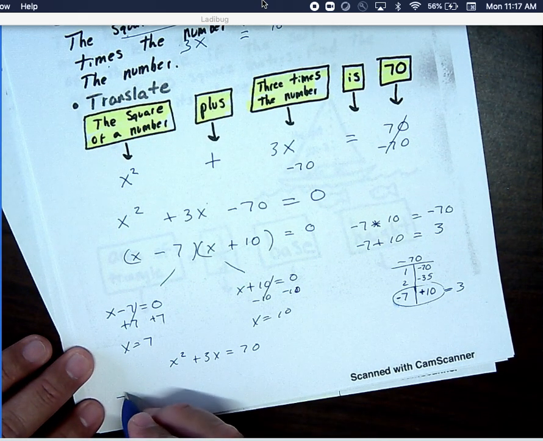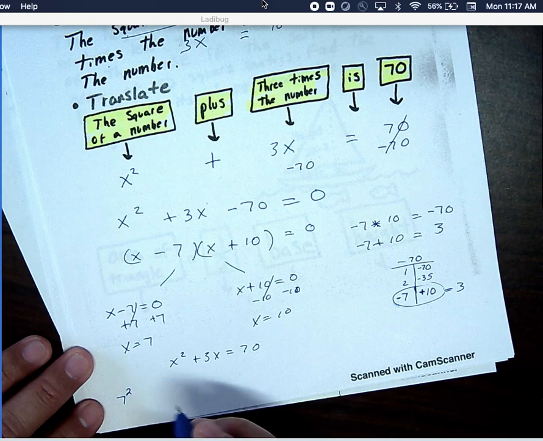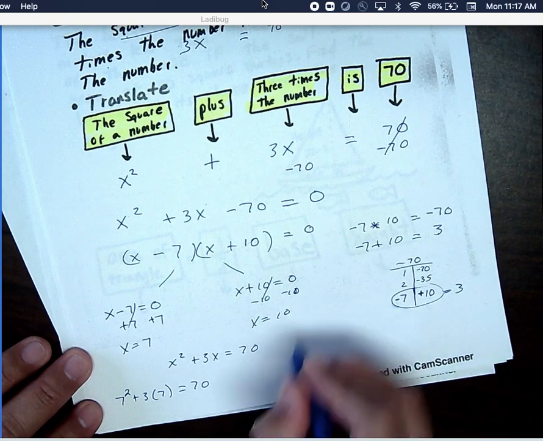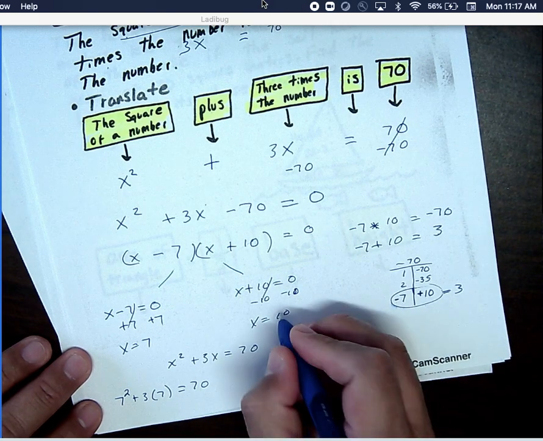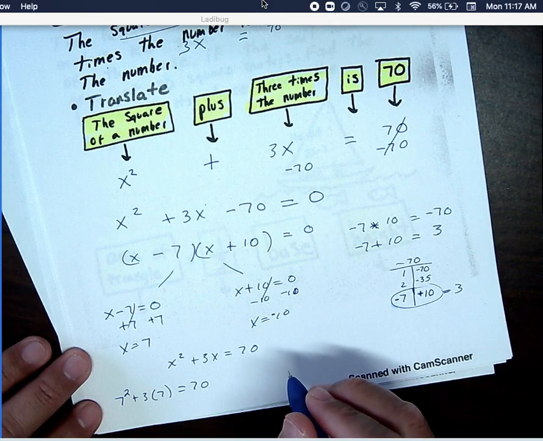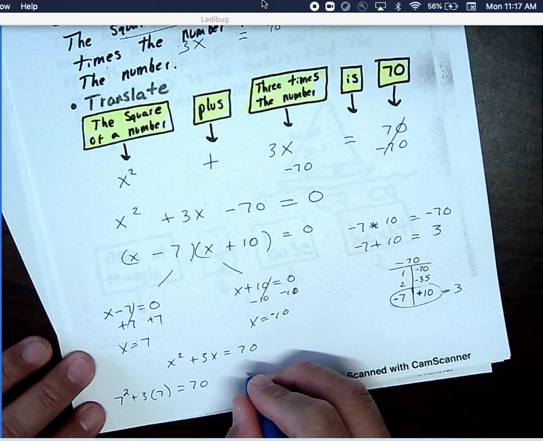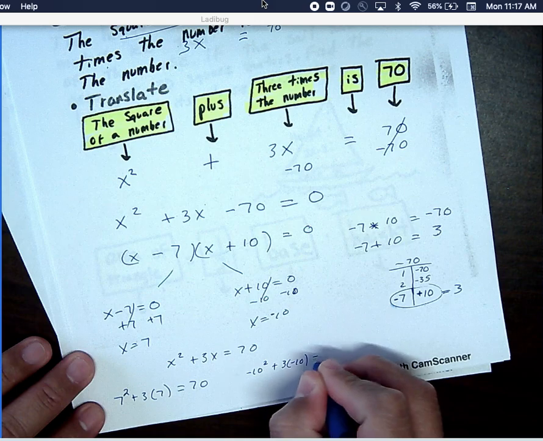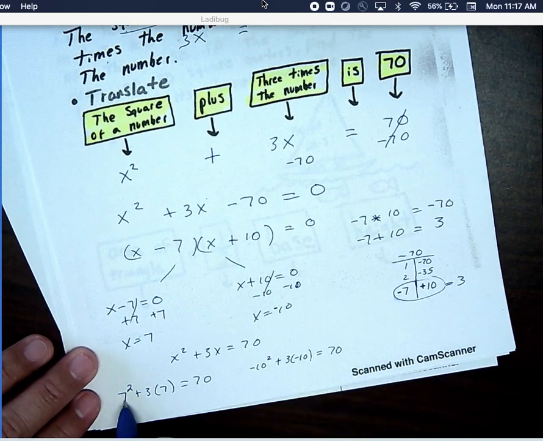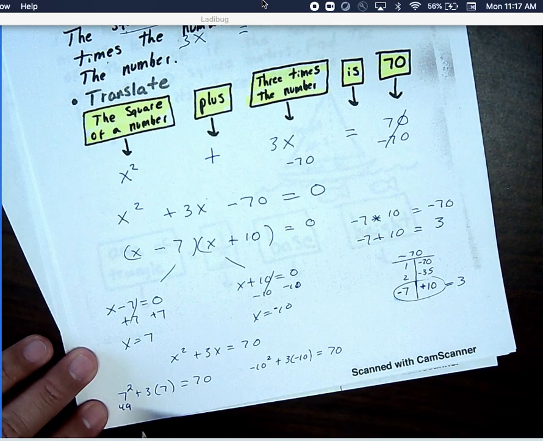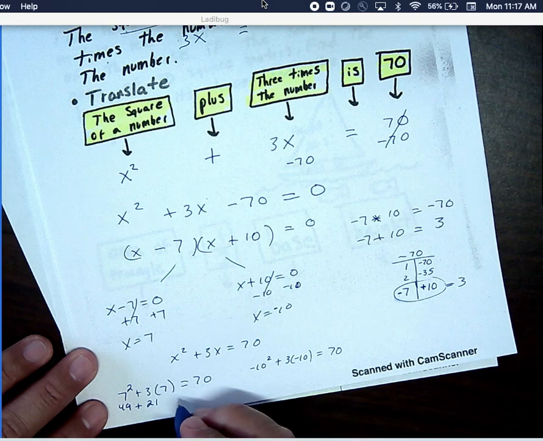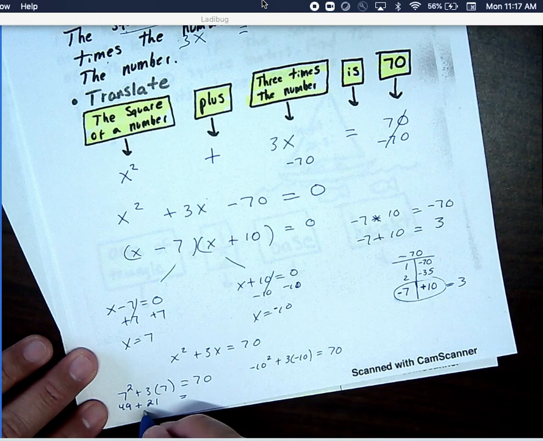In these cases, you need to check. 7 squared plus 3 times 7 would equal 70, and then I'm going to check this one. The negative, sorry, it was negative 10. So negative 10 squared plus 3 times negative 10 equals 70. So 7 times 7 would be 49, plus 3 times 7 is 21. 49 plus 21 gives me 70.